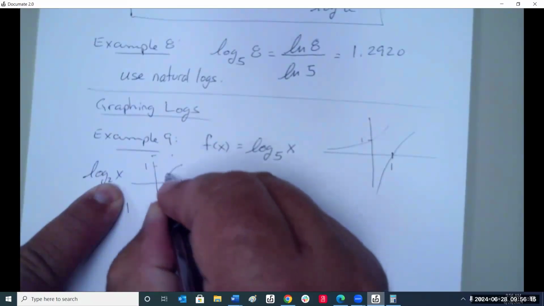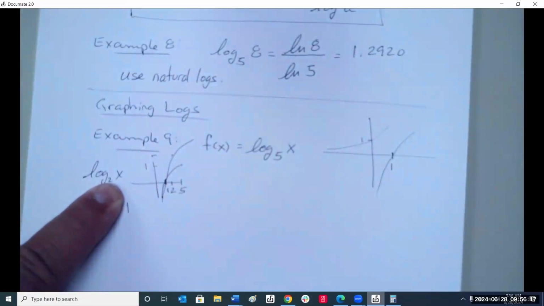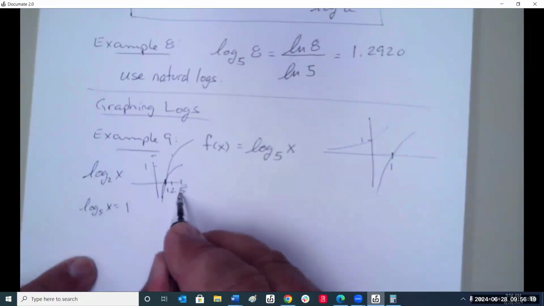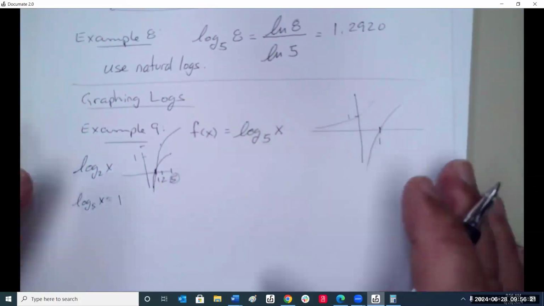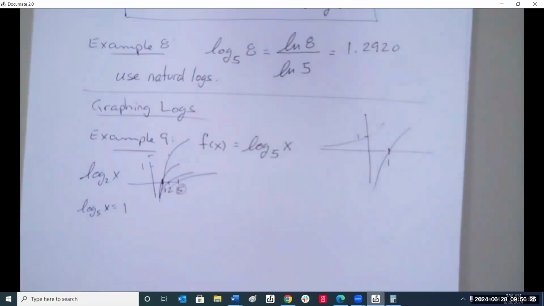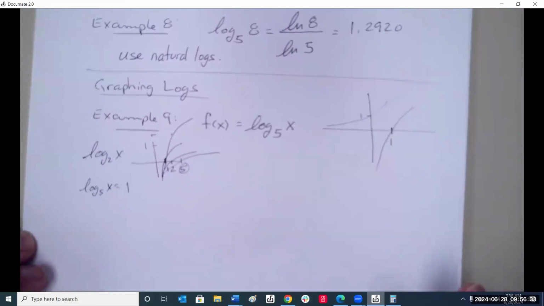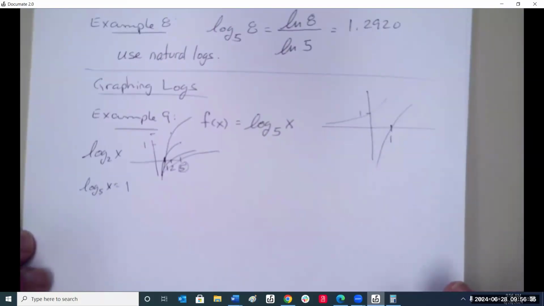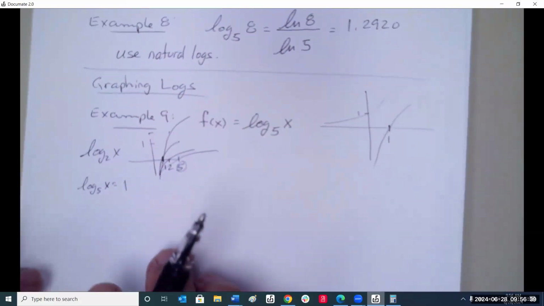Then this graph would look like this. So the bigger the exponent, the more shallow it becomes, because it has to grow further out to get where it's going. So that's the graph of that one.